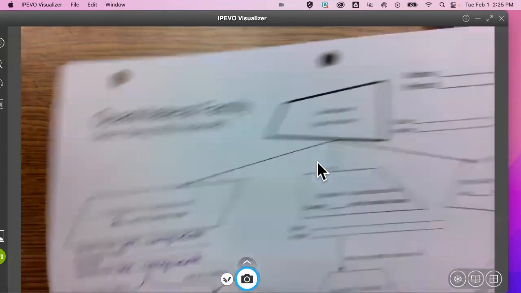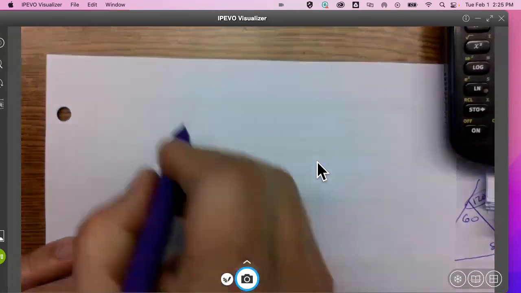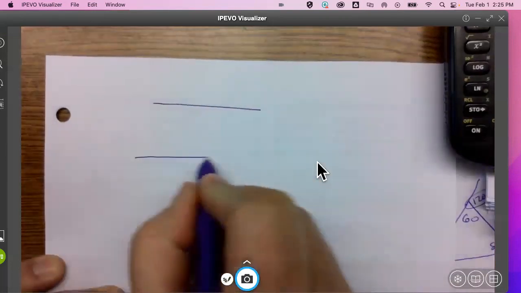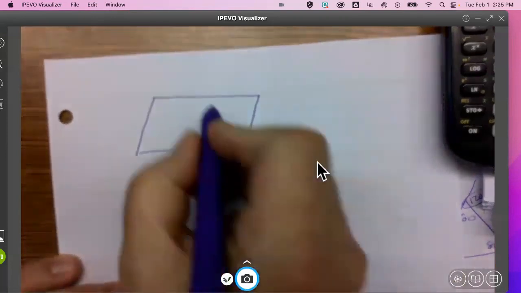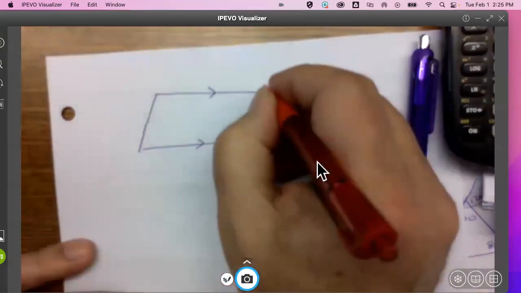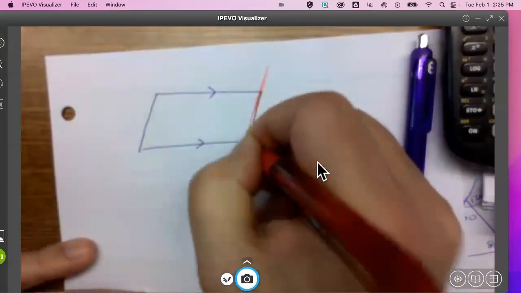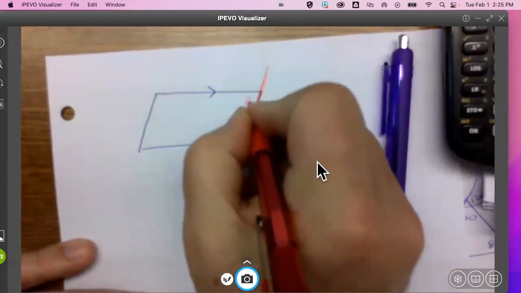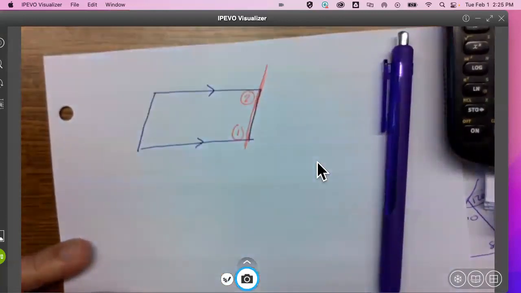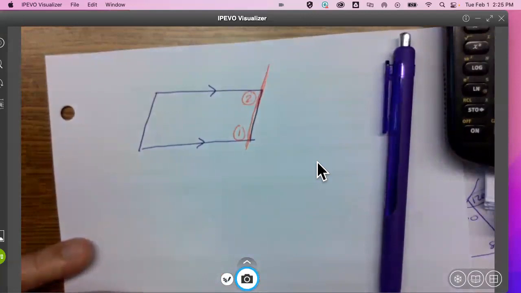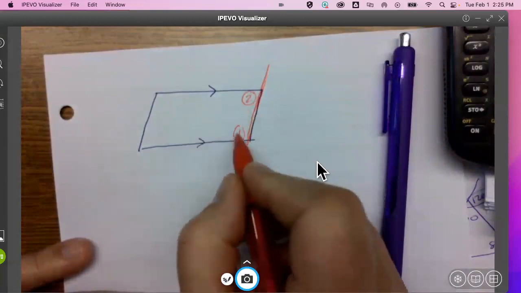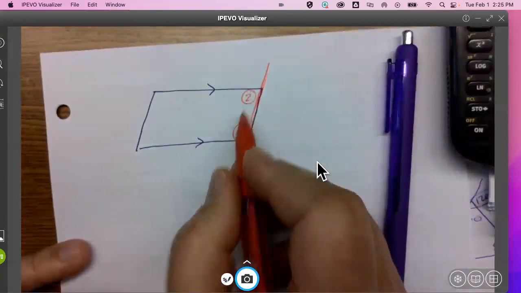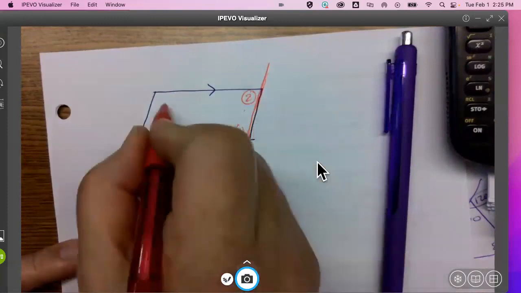Now, these other two are going to require a little bit more. So in a parallelogram, what we're saying is these two are parallel. And if I treat this as a transversal, what can you say about angle 1 and angle 2? Supplementary. Good, they're supplementary. And because if you were walking around the inside of a quadrilateral, these would be consecutive angles going from one to the next, we're going to call these consecutive angles.